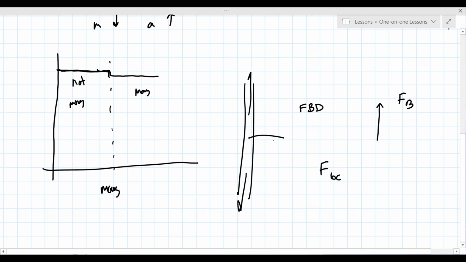They can't go to the right or to the left. So it must be in the direction of the rope. If the rope is going up and down, then the forces are going up and down. Okay, all right, that makes sense. Not side to side, for example.